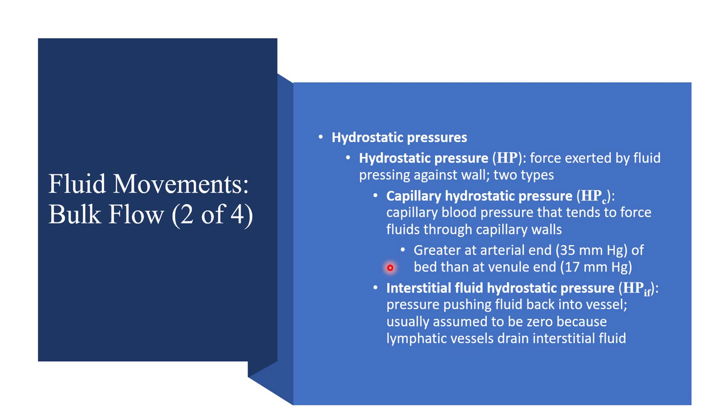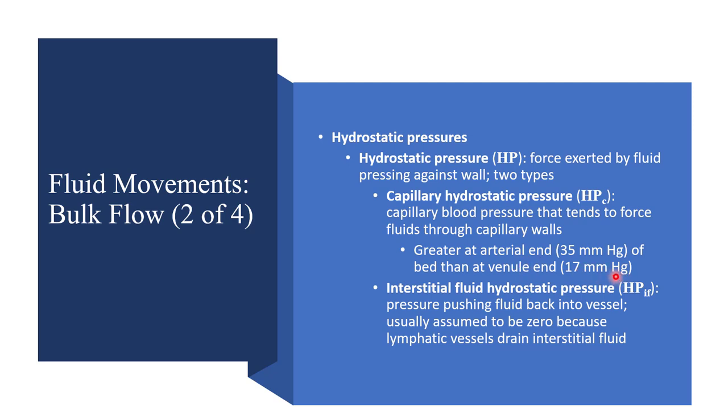So the water inside the capillary tends to push on the wall. The tendency of the hydrostatic pressure is to push the water out of the capillary. And usually in the arteries, because the pressure there is greater, the hydrostatic pressure is about 35 millimeters of mercury. And then at the venous end, it's 17 millimeters of mercury.